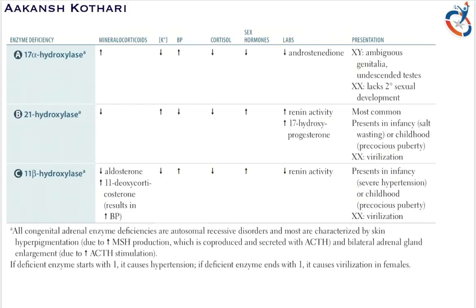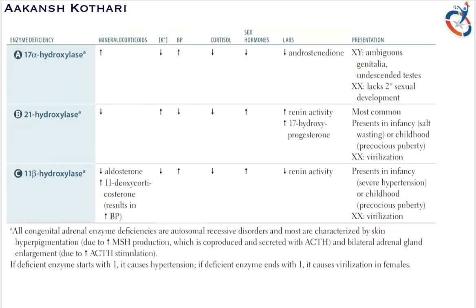About the presentation, it presents again in infancy with severe hypertension or in childhood with precocious puberty, and there is virilization. Is it clear? So these are the major congenital adrenal deficiencies, which are autosomal recessive disorders and are characterized by skin hyperpigmentation. This is very important. This is always presented by skin hyperpigmentation.